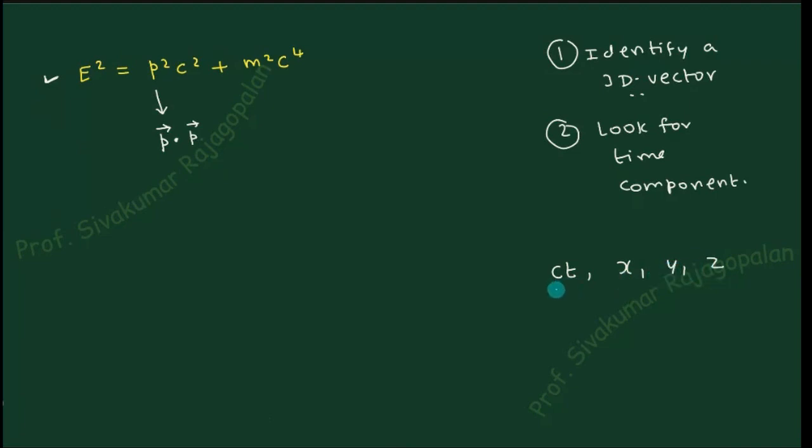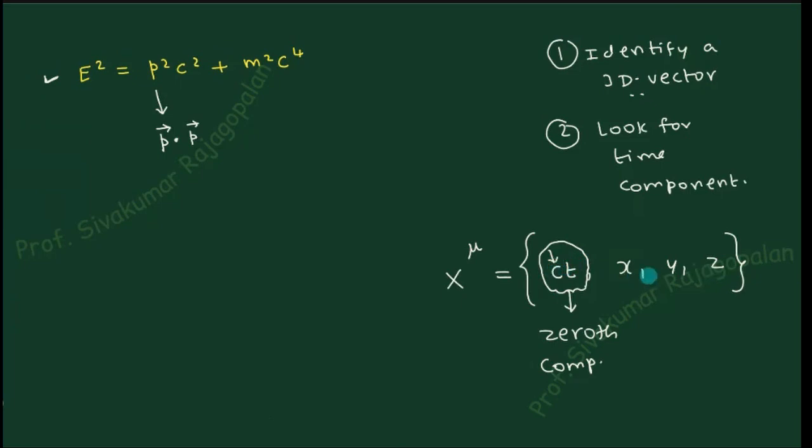Therefore, if at all there is a time component coming into the picture, it has something to do with the velocity of light. So wherever the velocity of light comes into the picture, that component should be put as the zeroth component, because this is how you are going to write an object, and we say that this is some quantity with index mu. So this is the zeroth component, and it should be the one mixed with the speed of light.